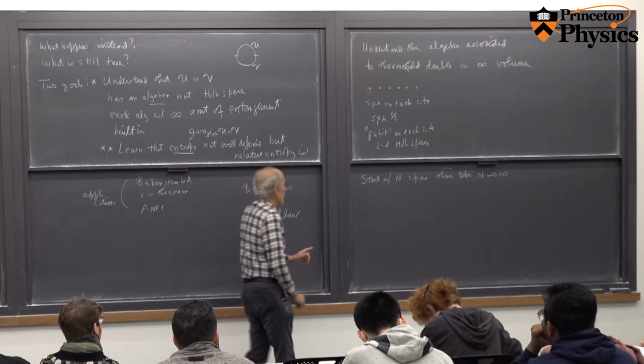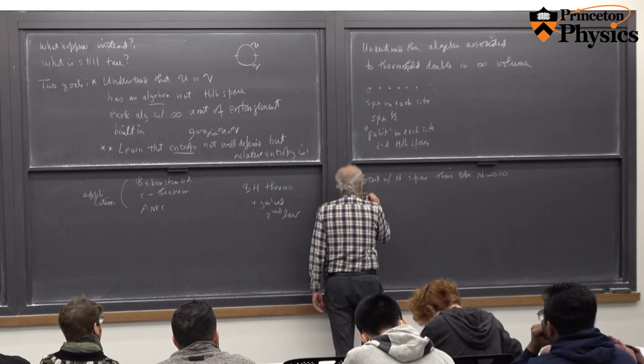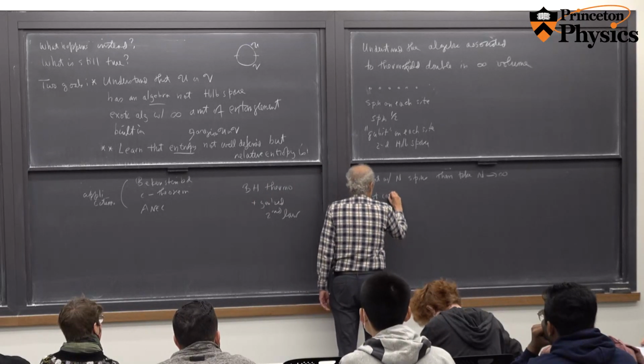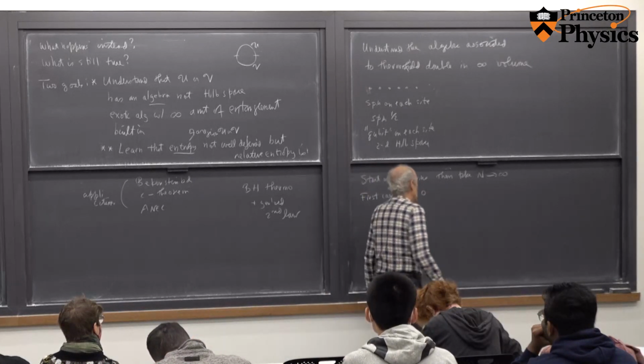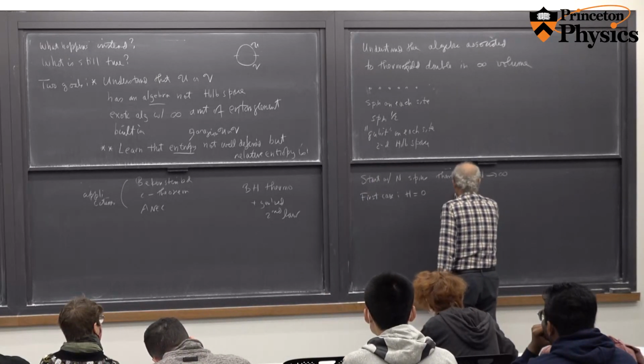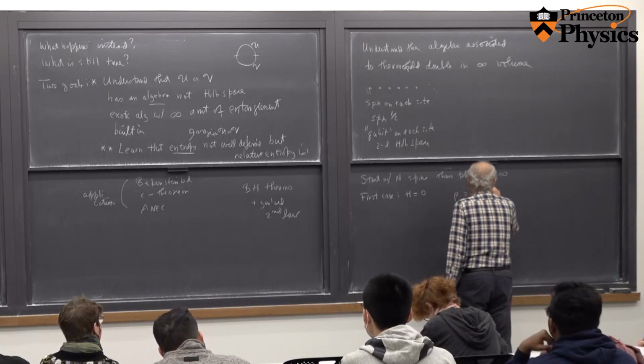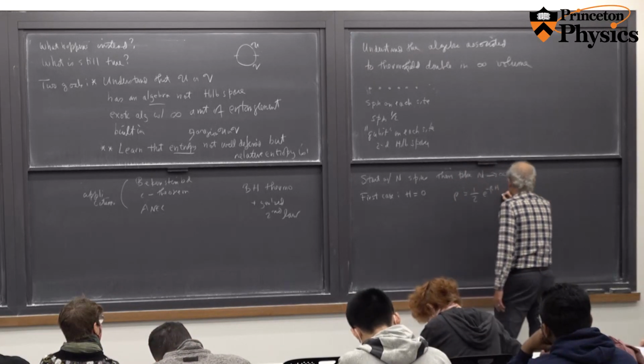So, as I said, the first basic case is that the Hamiltonian is 0. So that means that the thermal density matrix is a multiple of the identity.